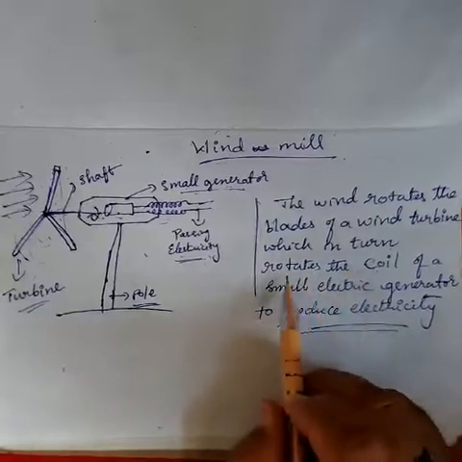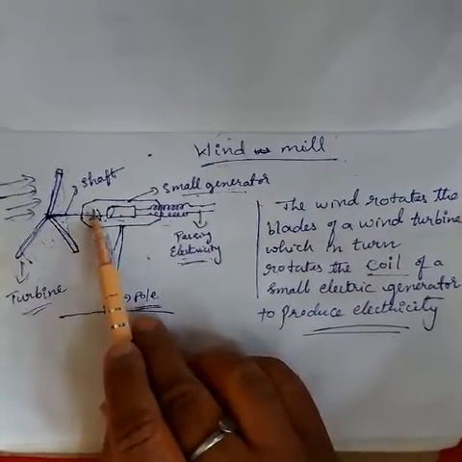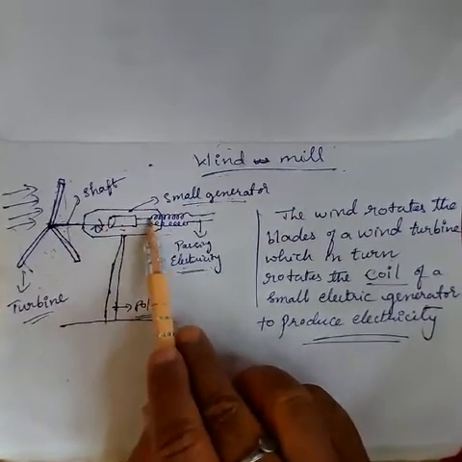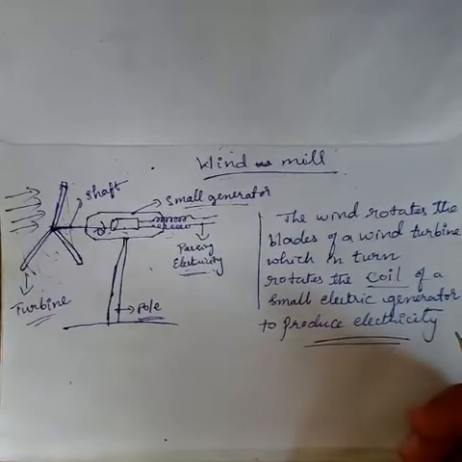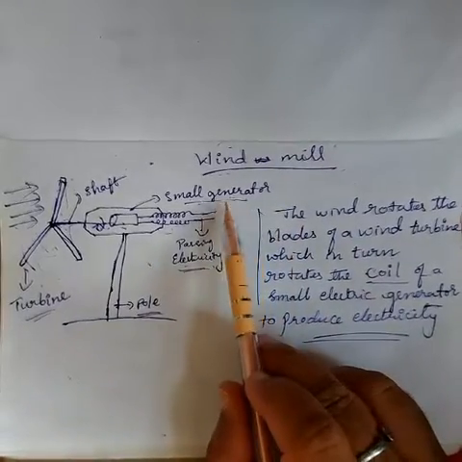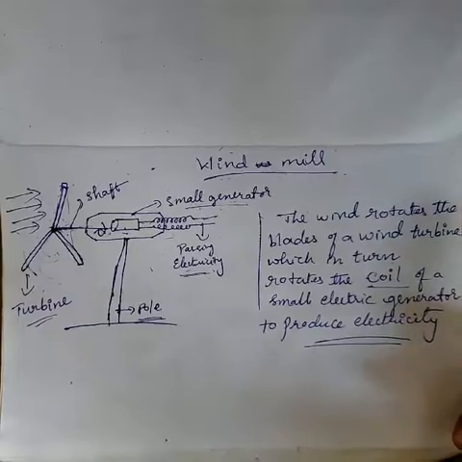The coil is present in the generator, and it helps to convert mechanical energy into electrical energy. In the physics chapter on the magnetic effect of electric current, we discussed how a generator works, its construction, and how its working takes place.